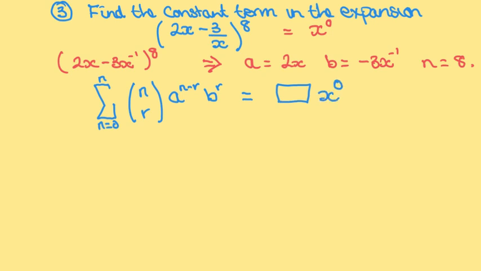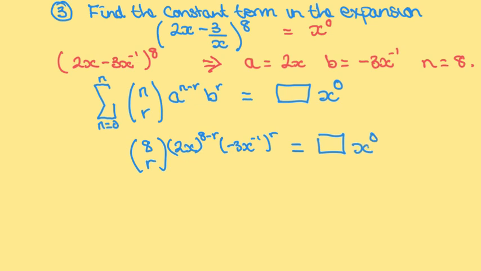The thing we've got to do is find r. So we've got 8 choose r. A is 2x, so we've got 2x to the power of 8 minus r. B is minus 3x to the power of minus 1, to the power of r, and that must equal some constant x to the power of 0.